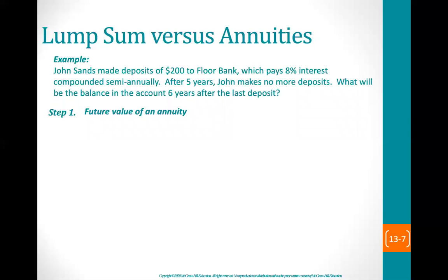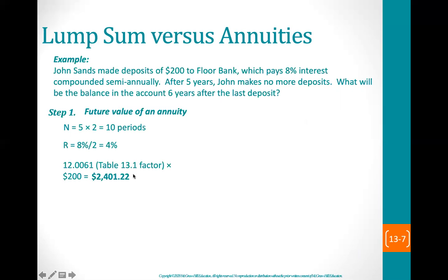Step 1, calculate the future value of an annuity. We have 5 years times 2, or 10 periods. His interest rate was 8% divided by 2, or 4%.